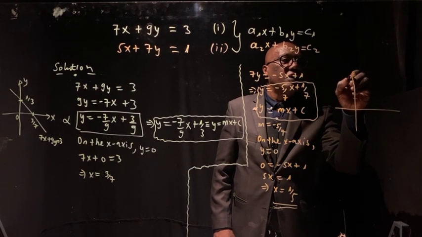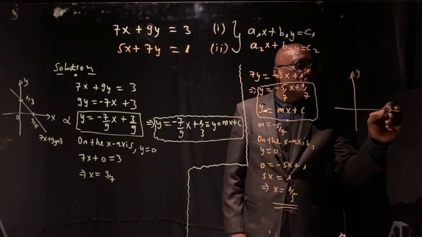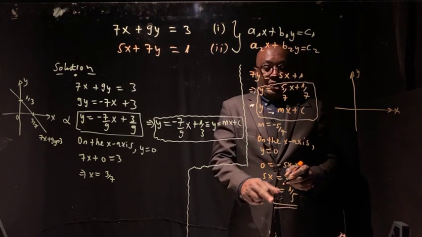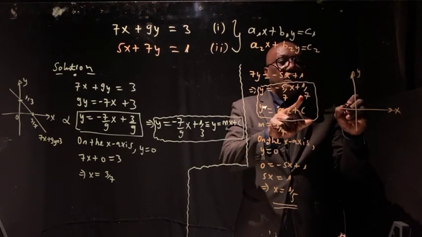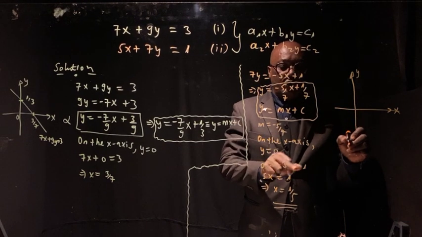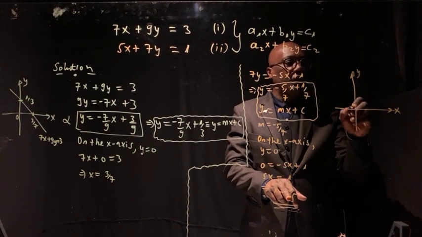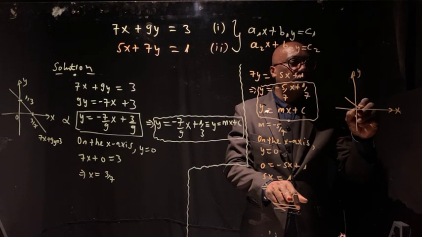This is the y-axis, and this is the x-axis. So the line crosses the x-axis at 1 over 5 and crosses the y-axis at 1 over 7. Presumably it should be something like this.